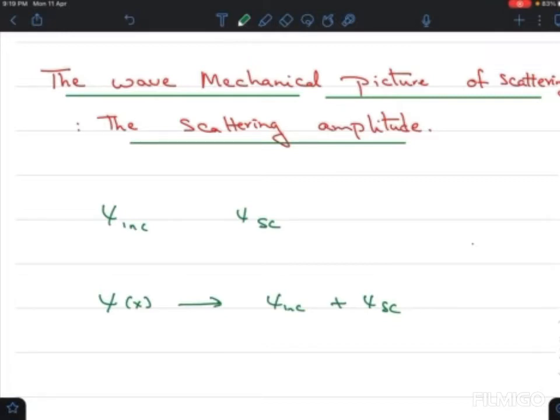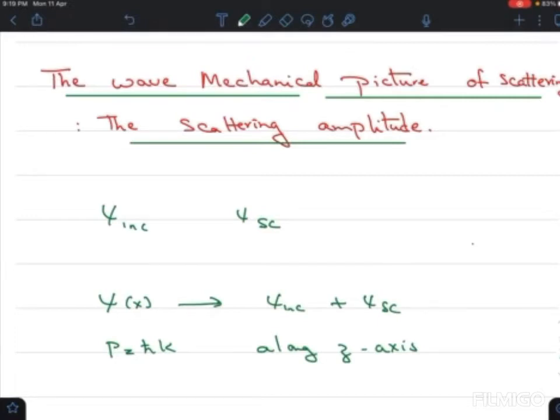So we assume that the incident particle has a momentum p equal to h cross k along the z axis. I would like to again remind you that we will be considering polar coordinates, that is, the incident direction as the z axis, and we have the scattering angle theta and the azimuthal angle phi.